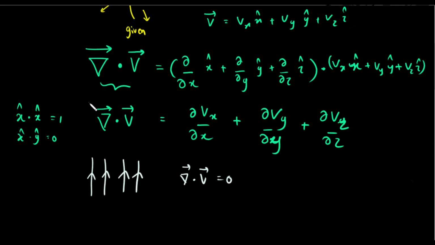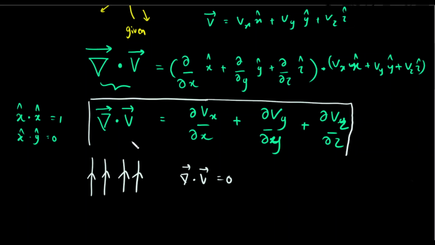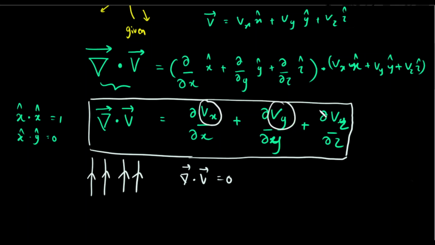And this is the general expression for the divergence, so you have to remember this relationship. This is the x component of the vector field, this is the y component, and this is the z component of the vector field.